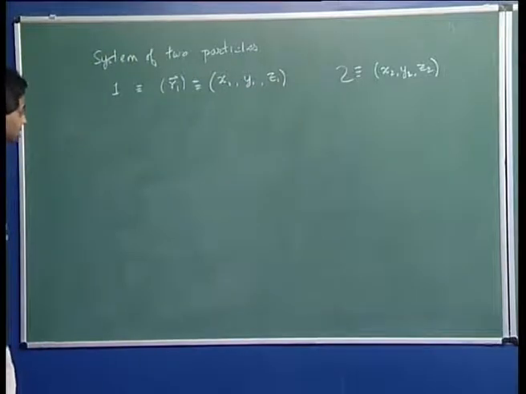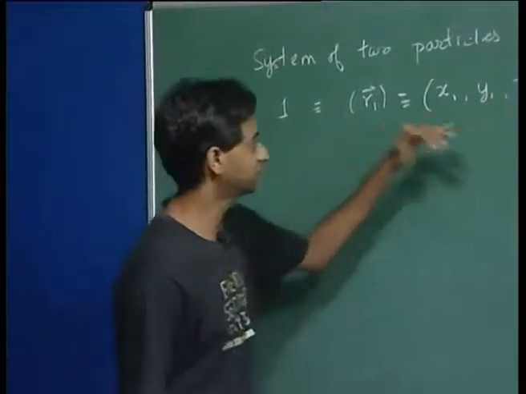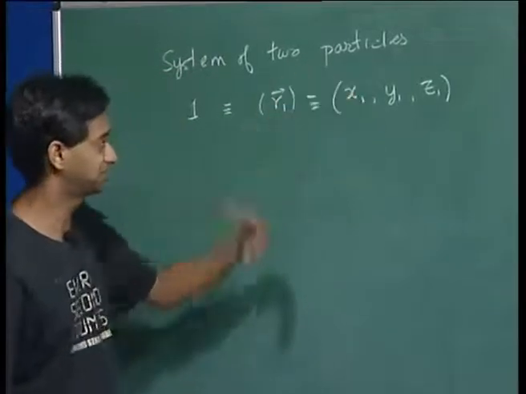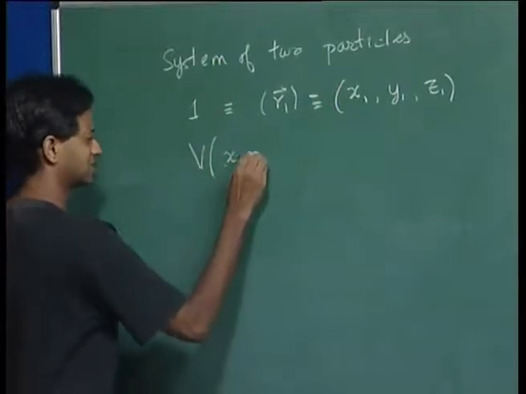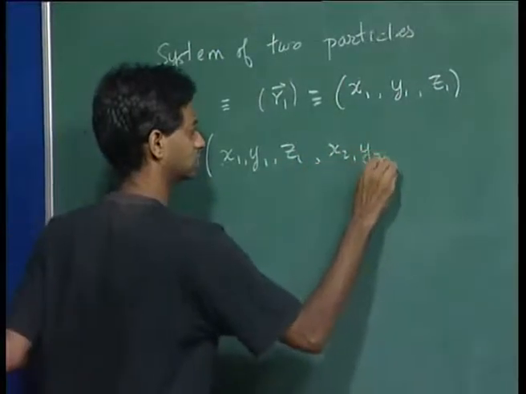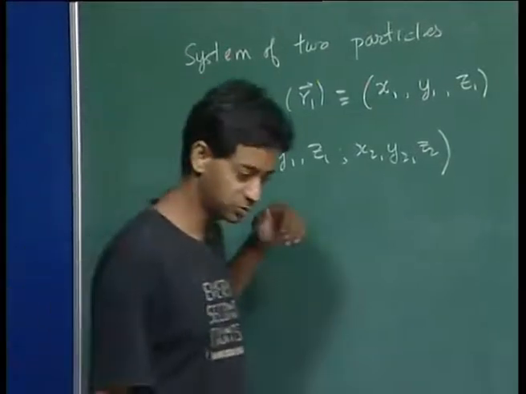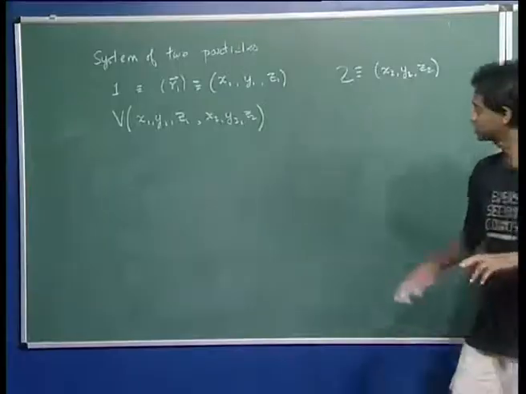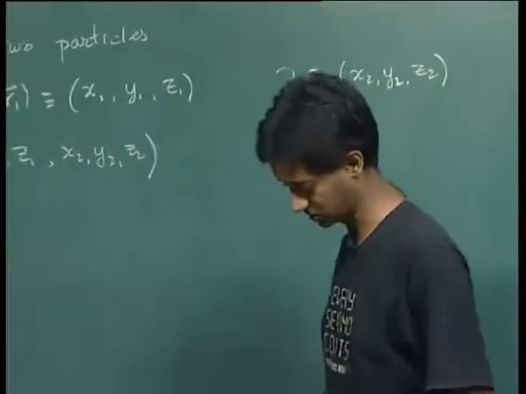And typically, the potential energy will be a function of the positions of both the particles. So the potential energy is the energy that the system has on account of the position of the particles. Okay, so the potential energy will be a function of x1, y1, z1, x2, y2, z2. So in general, if you write any potential energy of the entire system, it should depend on where each particle is located, not just where one particle or not just where the second particle is. It should depend in general on where both the particles are located.